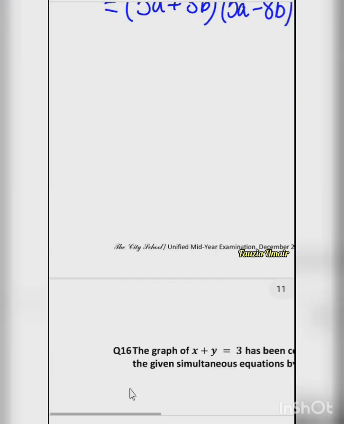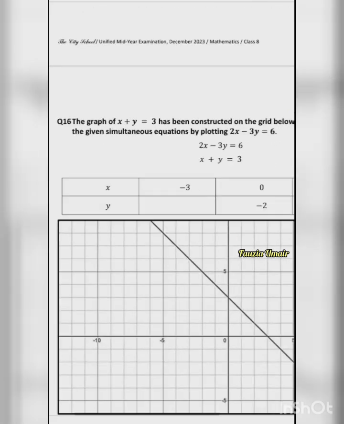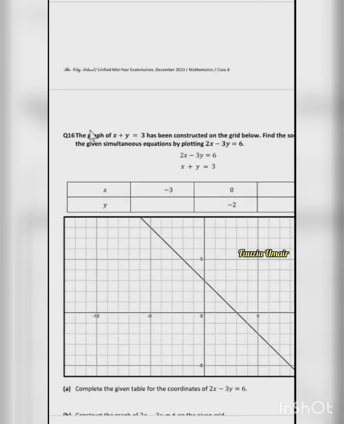All right, so there is a graph question again on simultaneous equations. There are two equations given. Understanding the question is very important. The question says the graph of x plus y is equal to 3 has been constructed on the grid below.